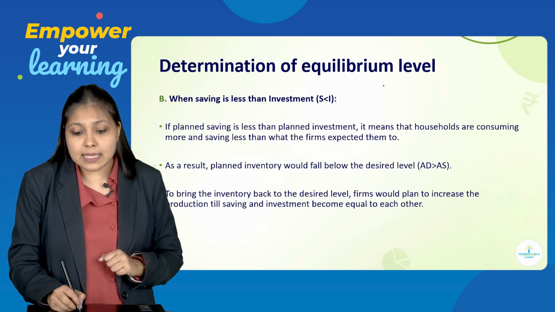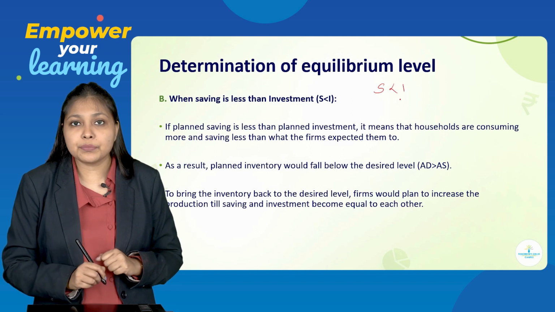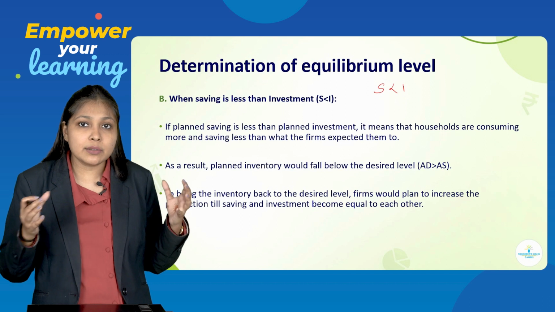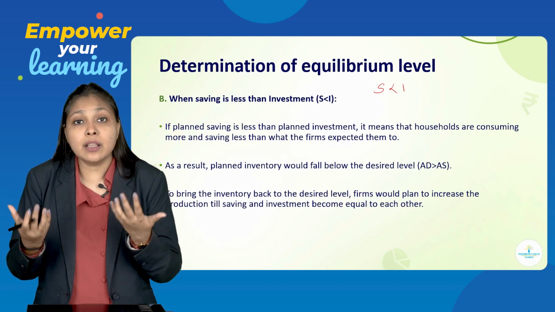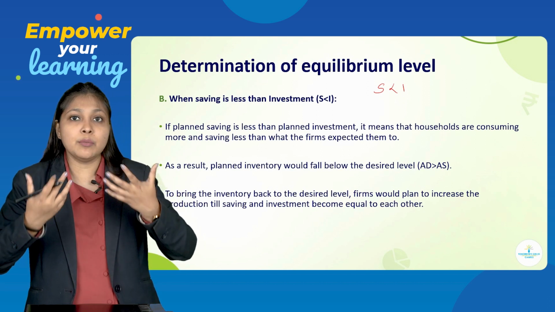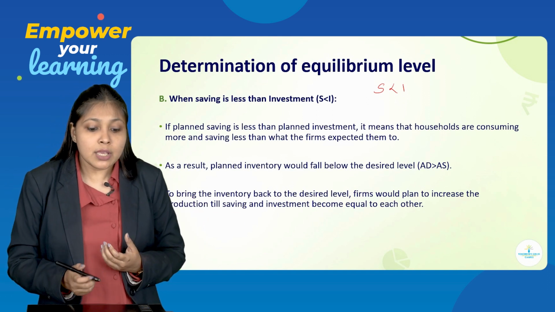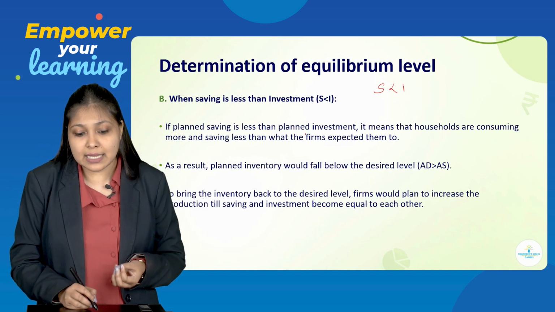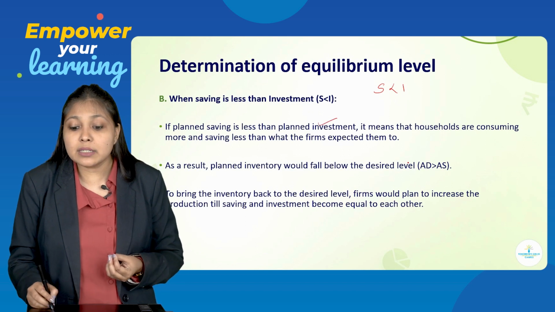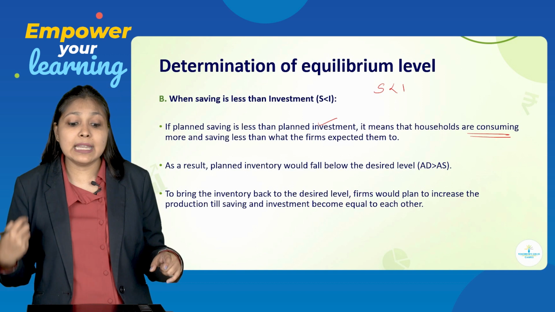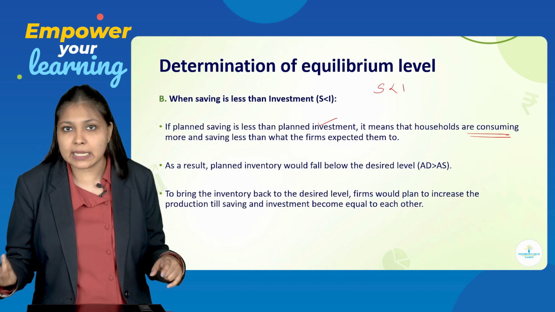What about saving being less than I? What happens when saving is less than I? That means people are saving less and investing more. When they are investing more, there is more demand in the economy. So if planned saving is less than planned investment, that means households are consuming more and saving less than what the firms are expecting them to.